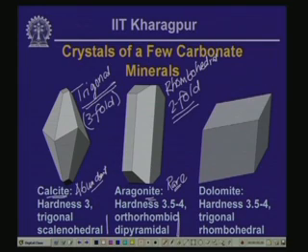I would also like to mention that aragonite is in a sense an unstable mineral under the normal conditions of temperature and pressure. Then the question comes, how do you get this aragonite mineral at all? Now, aragonite could form from calcite, that is one of the ways aragonite could form, from the metamorphism of calcite rich rock.